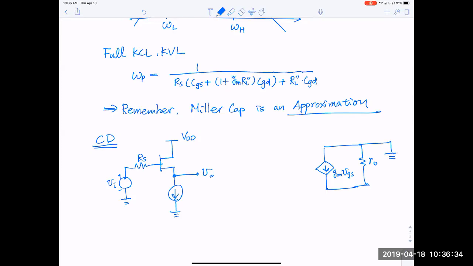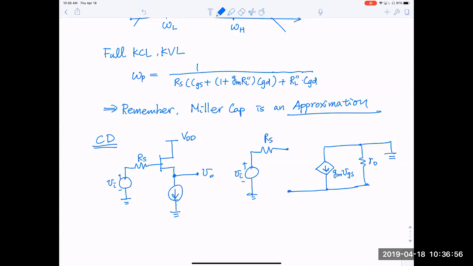The source is not. Here is the extension of the source node, and we have RS connected to VI. Just remember, RS is not grounded.